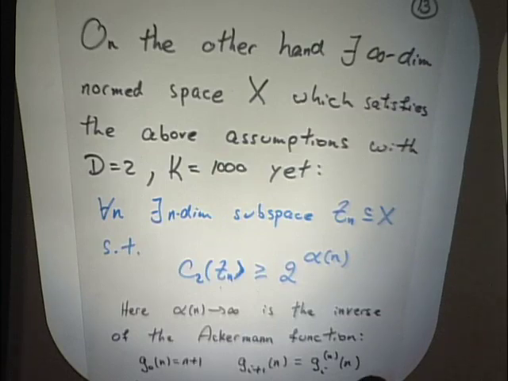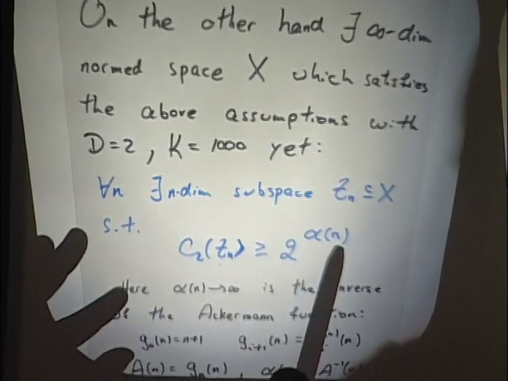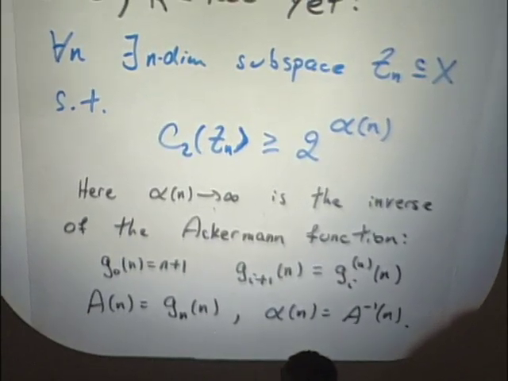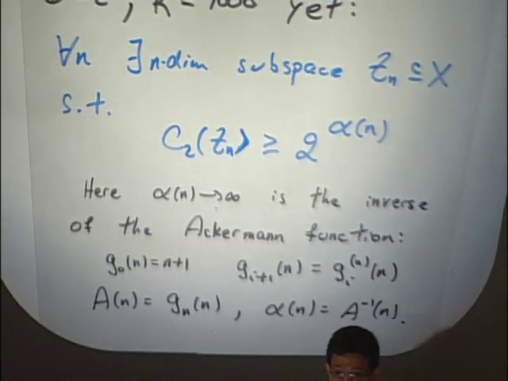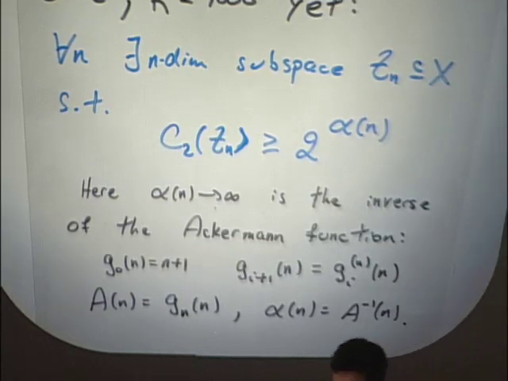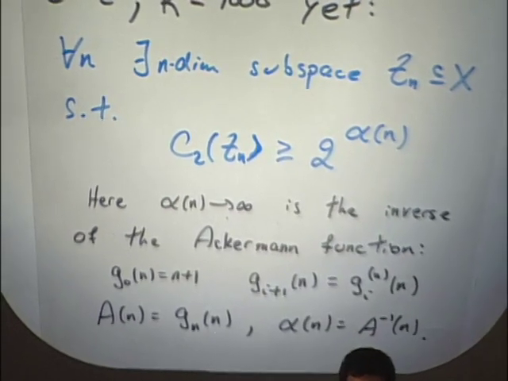But it has bad subspaces whose distortion does tend to infinity with n, again in a ridiculous range, but it tends to infinity. We can get 2 to the inverse of the Ackermann function, which is much slower than log star. So if you don't care about these functions, and I don't, it essentially says that this random approach is the best thing you can do in normed spaces, unless you really care about something like the inverse of the Ackermann function.